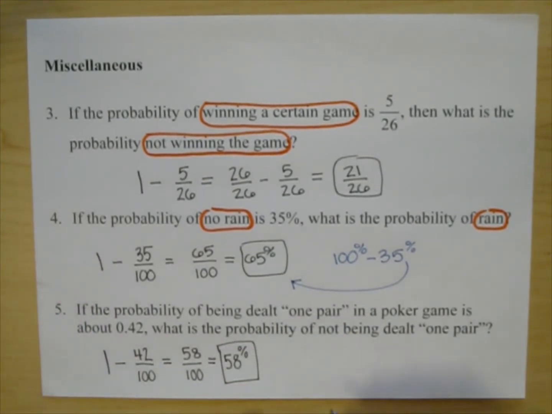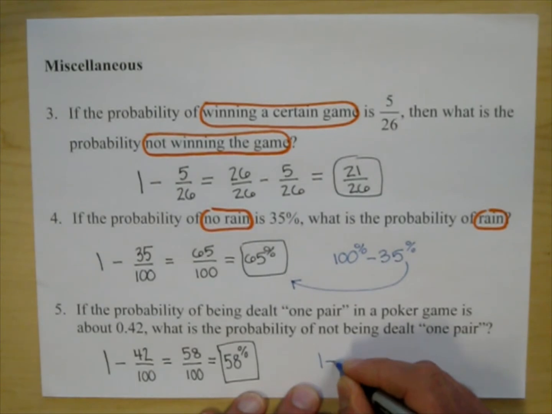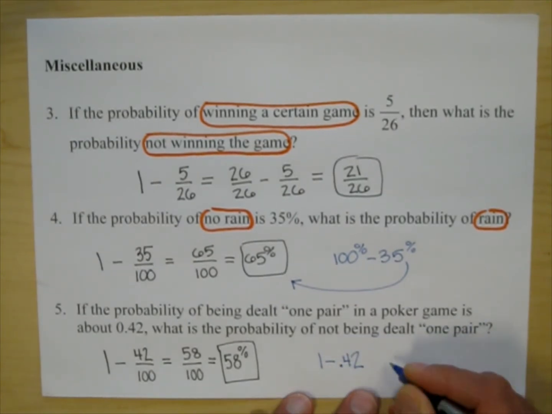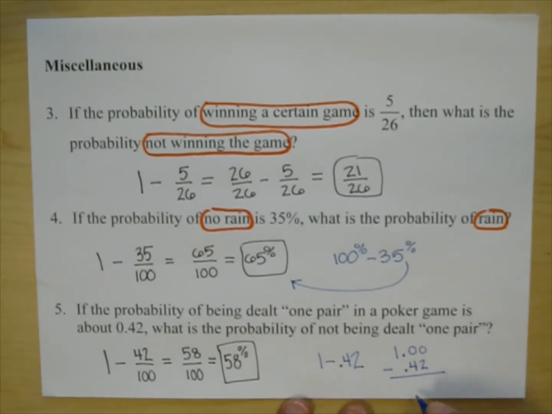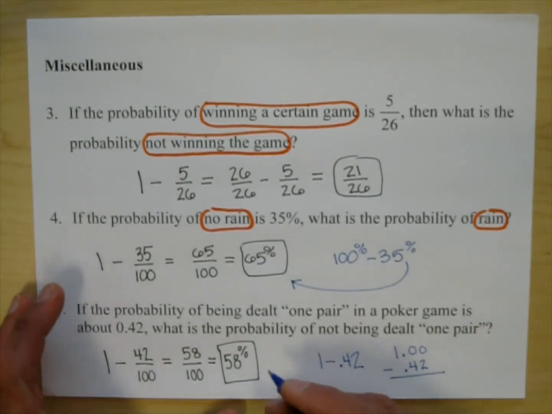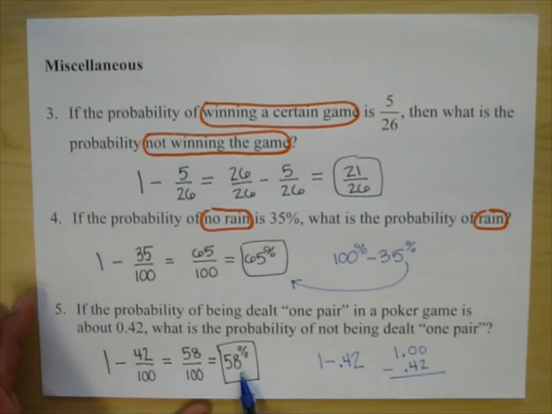Now, if you'd like, you could have gone like this. You could have gone 1 minus 0.42. And then you could have gone 1 minus, line up your decimals, 0.42, and then borrow. You'd end up getting 0.58, which is an acceptable answer, which is 58%. So if you want, you can write this, because we did write it as a percent, didn't we?